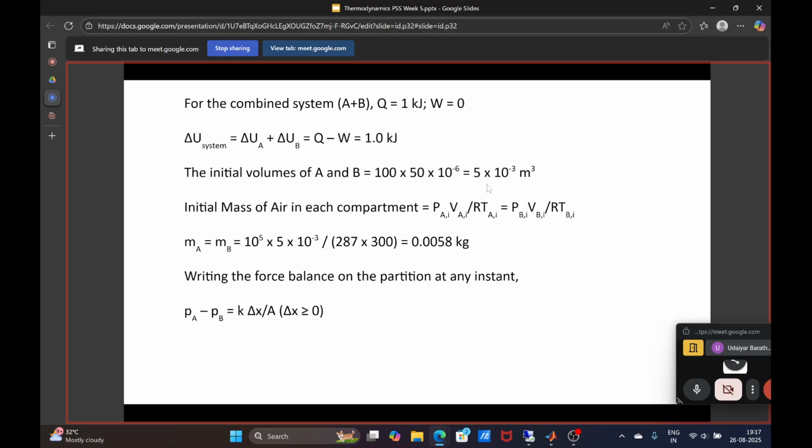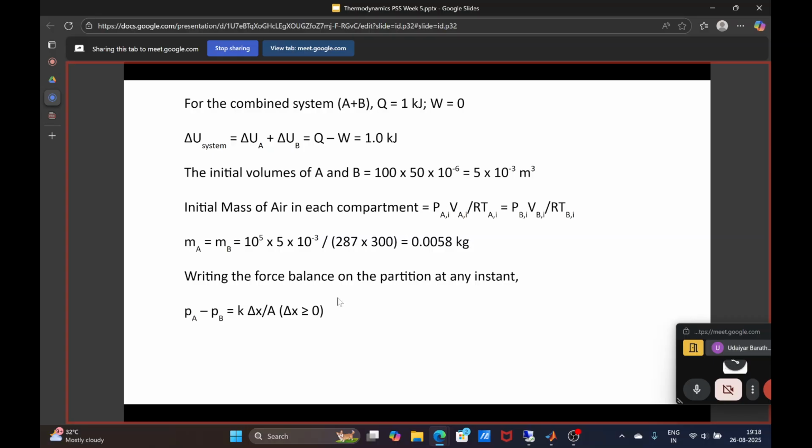For air the gas constant is 287. Substituting, 1 into 10 power 5 multiplied by 5 into 10 power minus 3, divided by 287 multiplied by 300, gives a mass of 0.0058 kilograms. That is the mass of air in each compartment.